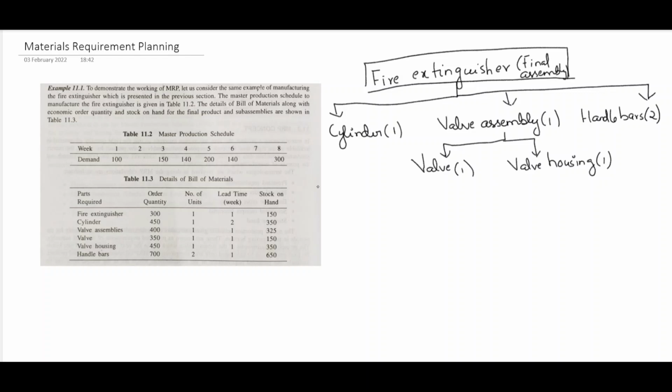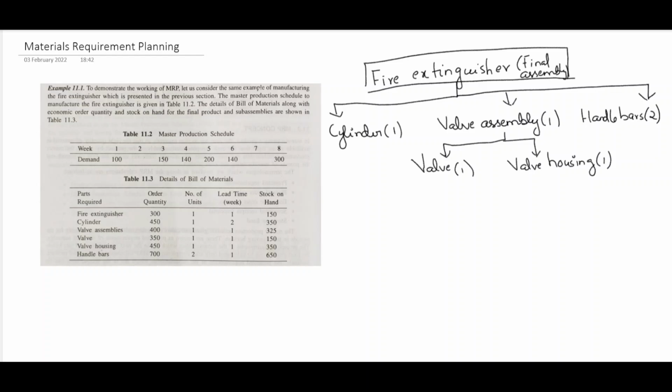If we match with table 11.3, we can see that one unit of fire extinguisher requires one cylinder, one valve assembly, and the valve assembly further needs one valve and one valve housing. Then two handlebars. So this is the flow diagram of our one fire extinguisher.